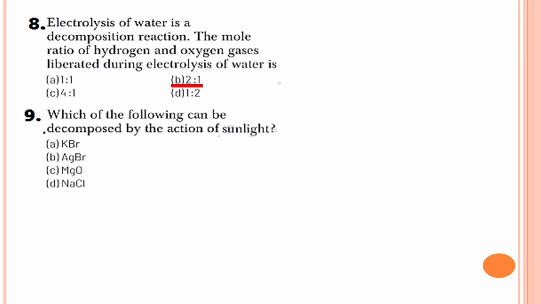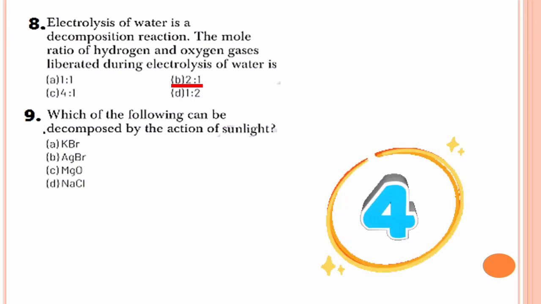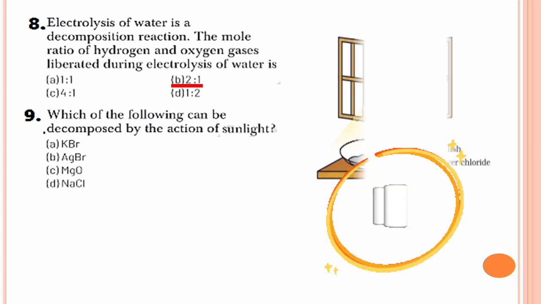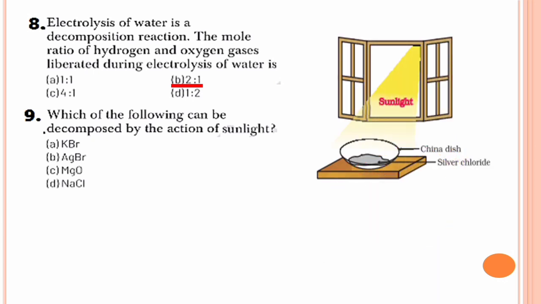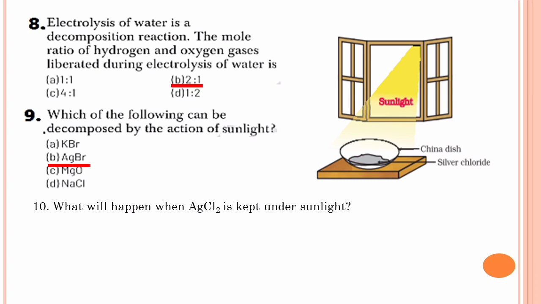Which of the following can be decomposed by the action of sunlight? So we have learnt that when silver chloride is kept in sunlight, it decomposes to silver and chlorine. That means mostly silver halides kept in sunlight decompose to silver and the respective halogen. So among the given options, silver bromide is the correct answer.